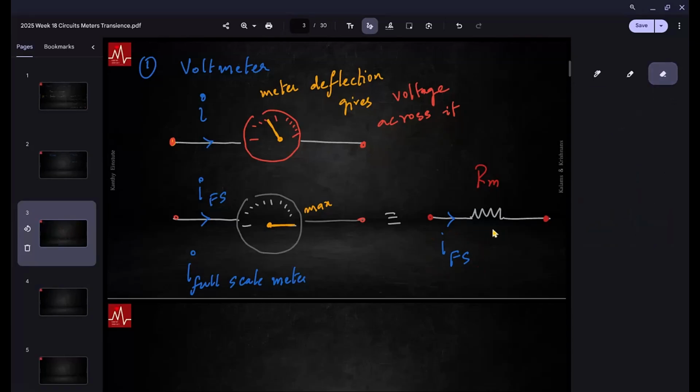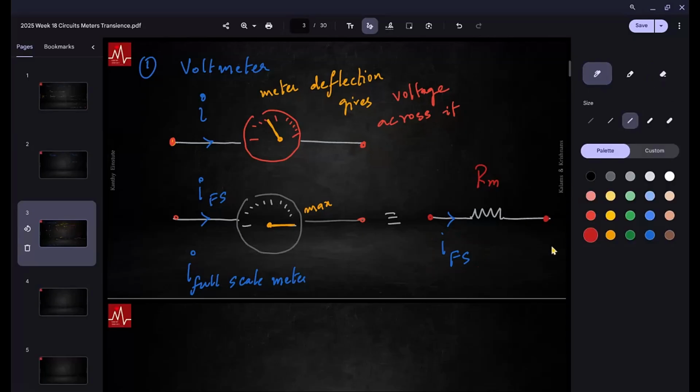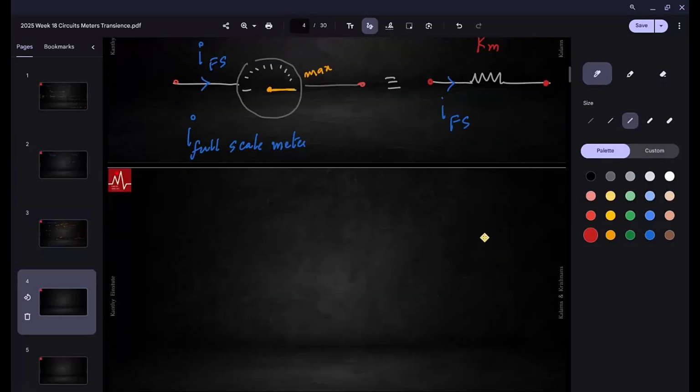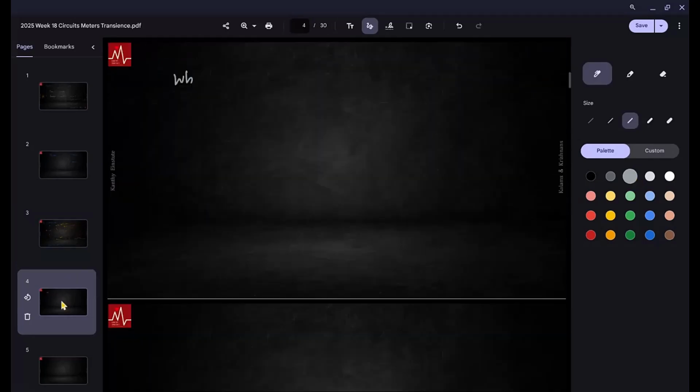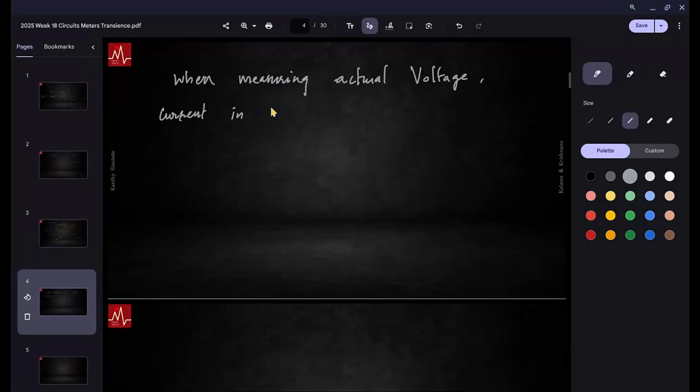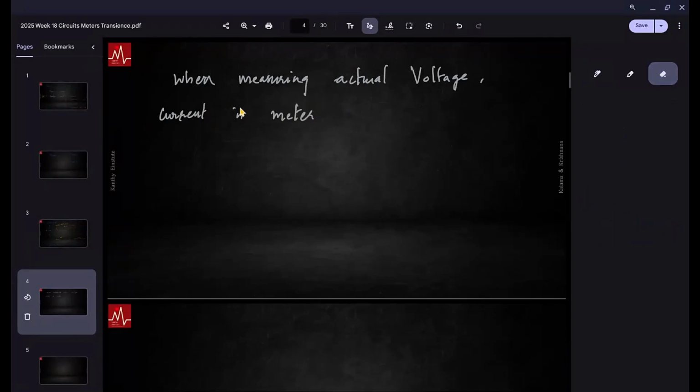So when measuring actual voltage, the current through the meter cannot exceed IFS.